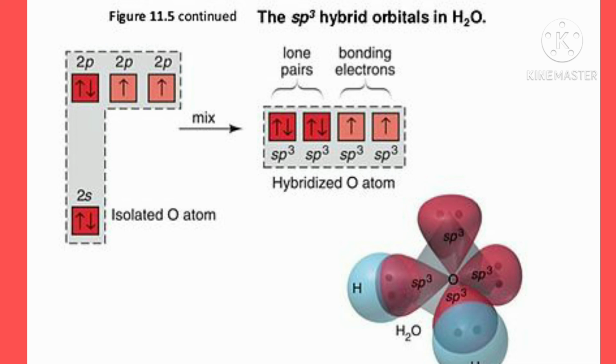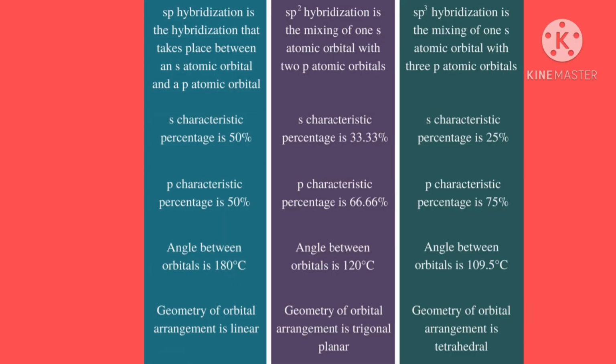So now children, let us know the differences between sp, sp2 and sp3 hybridization. In sp, hybridization takes place between one s atomic orbital and one p atomic orbital. In case of sp2, it is the mixing of one s atomic orbital with 2 p atomic orbitals.